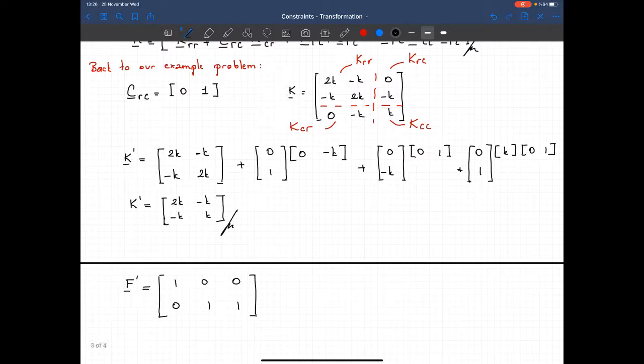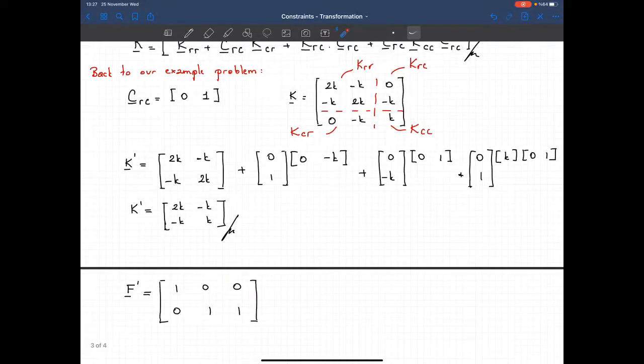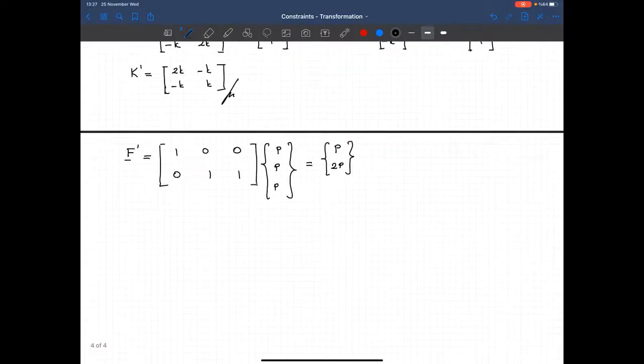Remember that for the F prime we will be using the transpose of the transformation matrix, and I have to multiply it with the force vector P, P and P, and when you do that we obtain our new force vector P and 2P.